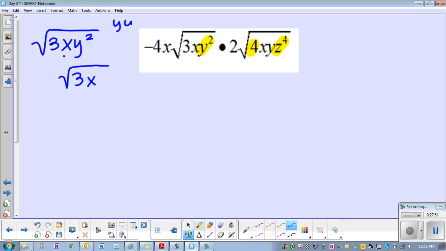So if I have 2 y's and I need a group of 2, well then that comes out, right? Okay. So then I'm going to bring this over and multiply it with whatever was already out, negative 4x. Does that make sense? Okay. So I have negative 4x, bring over that y, and now this is root 3x.